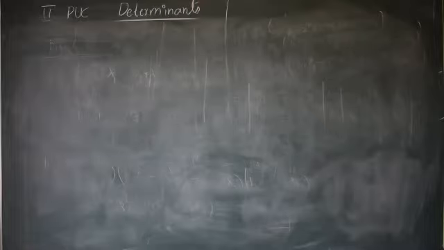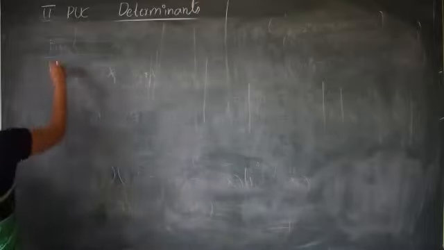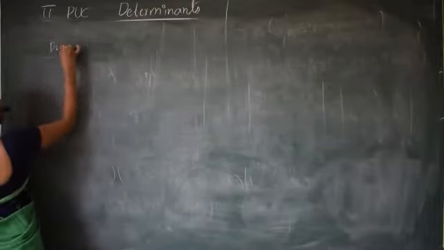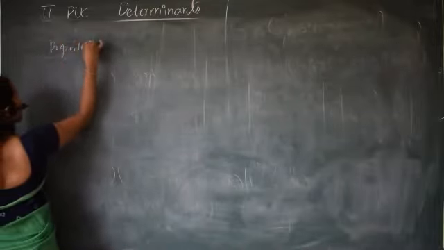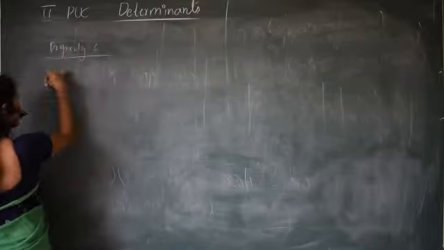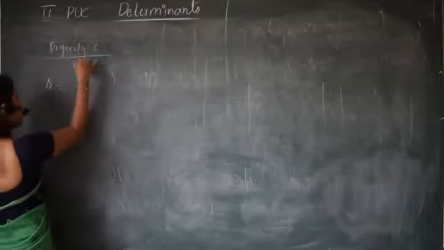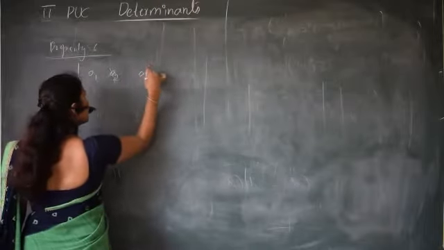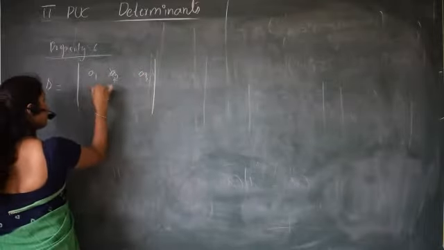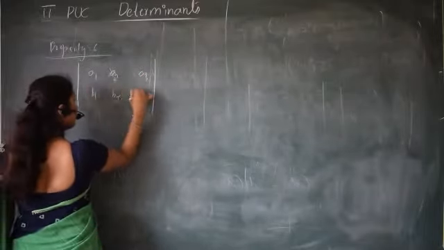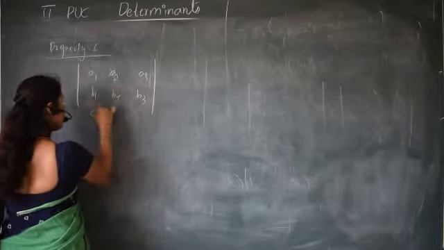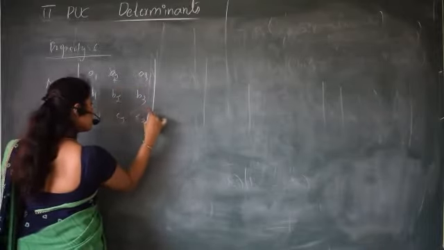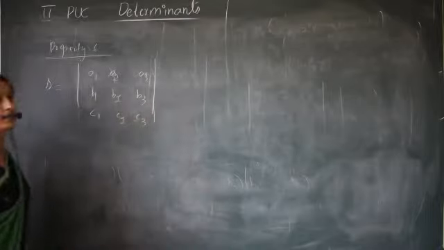That means, if I take delta equal to the determinant with rows A1, A2, A3; B1, B2, B3; C1, C2, C3.